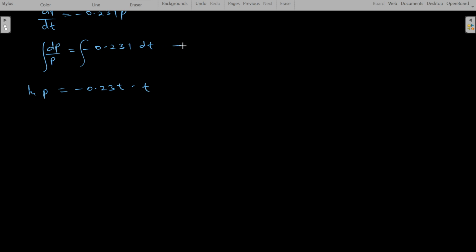Why so? In this case, these are constants, so take them outside the integral: 0.231 multiplied by dt. If I take the integral of dt, I should get t. Then I'll multiply that by negative 0.231. That's the reason why we're getting this answer.